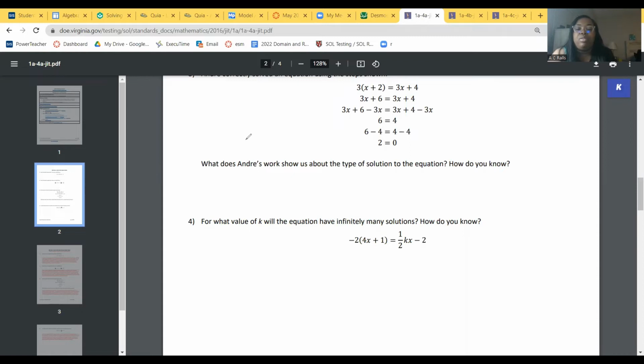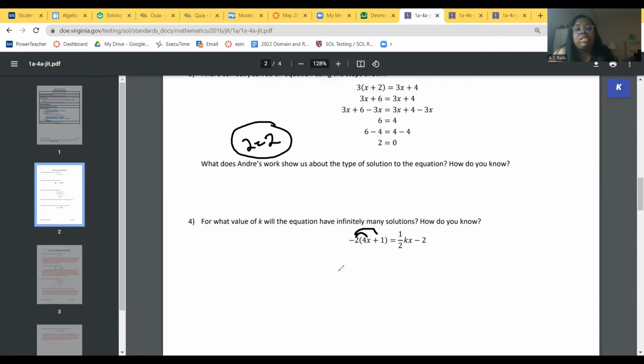You would end up with 2 equals 2. That means that's a true statement, so any value for your variable would work. That means what you have on one side of the equation must be equivalent to what you have on the other. So let's go ahead and begin this process of solving.